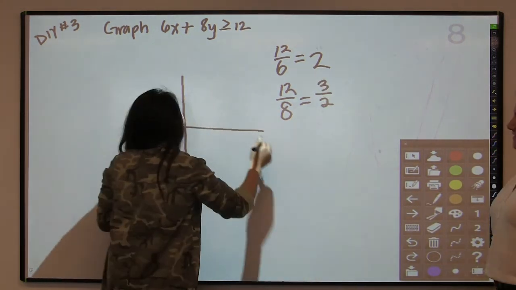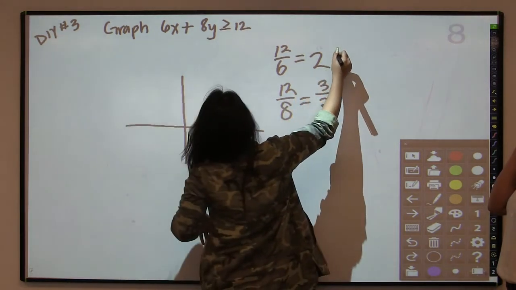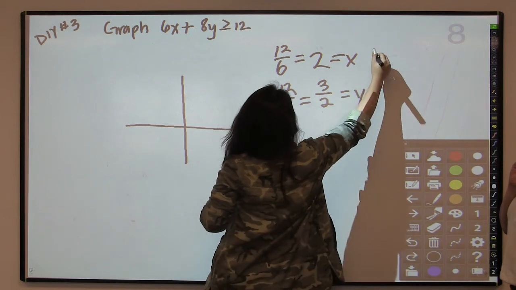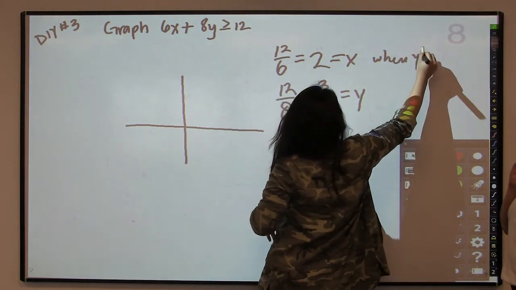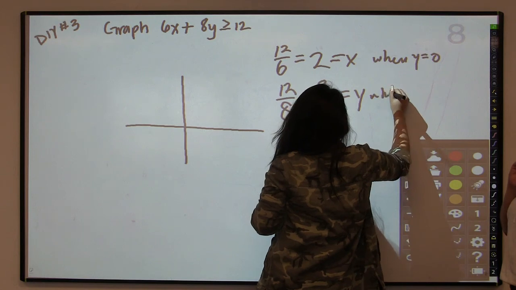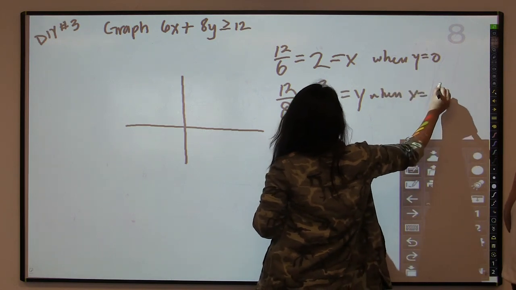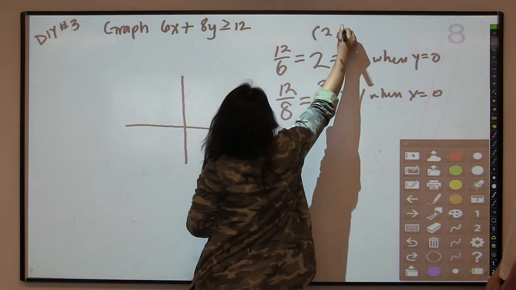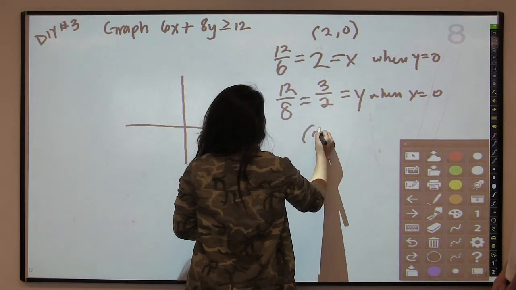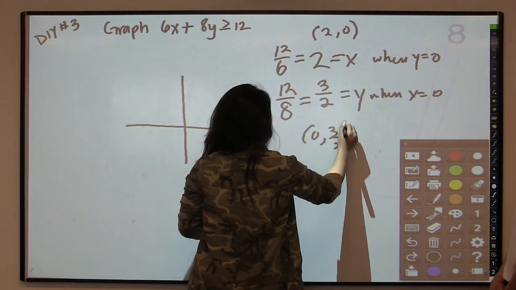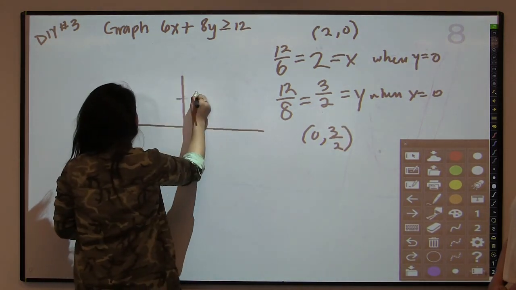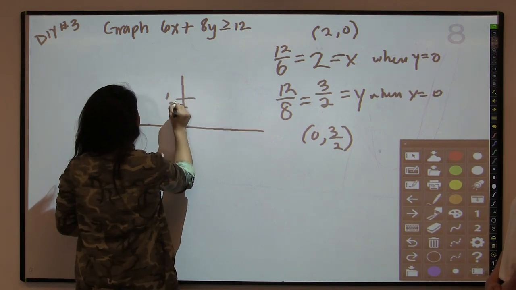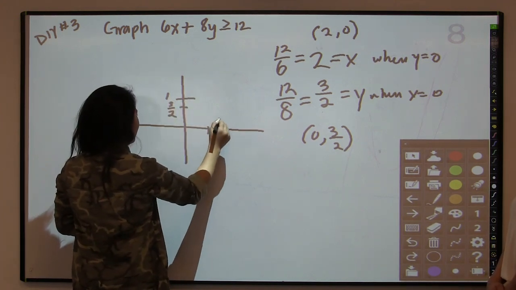Oh, this is embarrassing. So that is x, and that is y. When y is 0, x is 2, and when x is 0, y is 3 over 2. So that means 2, 0 on that one and 0, 3 over 2. About right there is 3 over 2, which is 1 and a half.